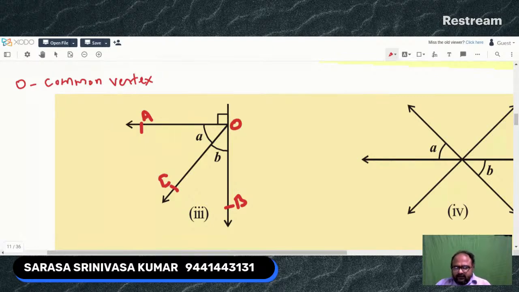Can you find a common arm in this diagram? Common arm for the angles A and B. This is angle A and this is angle B. Here, the ray OC is the common ray. You can write common arm.